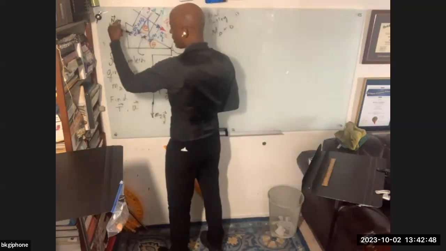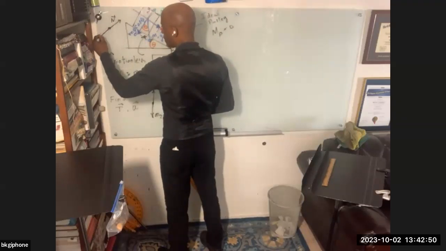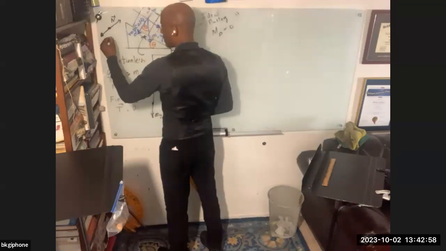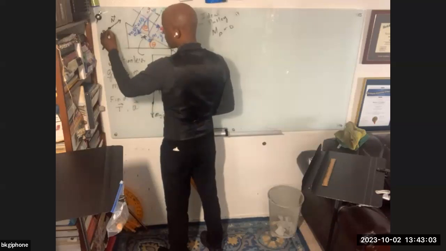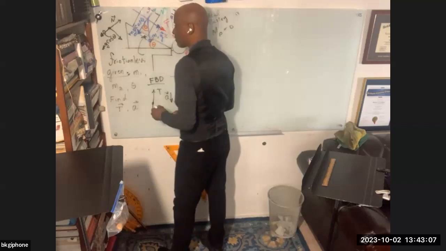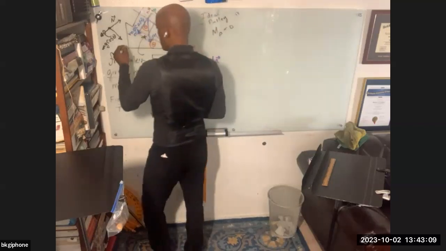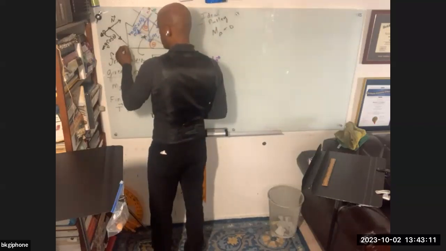So here, opposite the normal force, that was the same as before last time. That's mg cosine theta there. But then I'm going to have a mg sine theta down the plane along with a tension force down the plane.